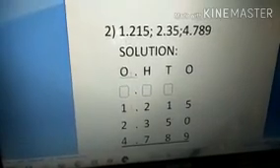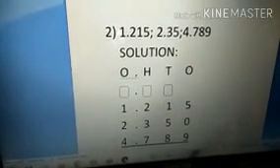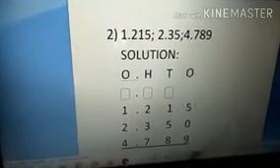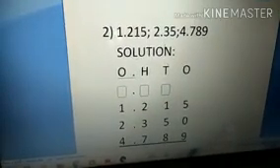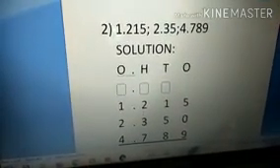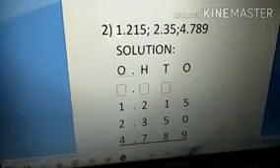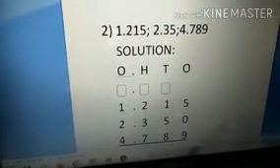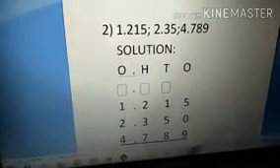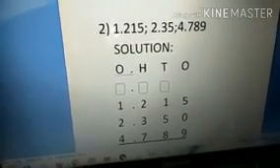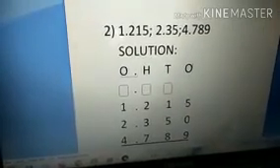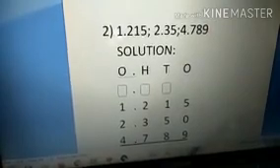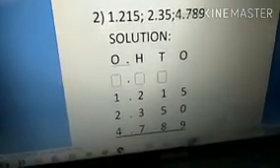The first number you take and write according to the given place value. Then the second number, you see 2.35, here 3 tenths and 5 hundredths, no thousandths here, so I put a 0. The next number you take and write just like that.